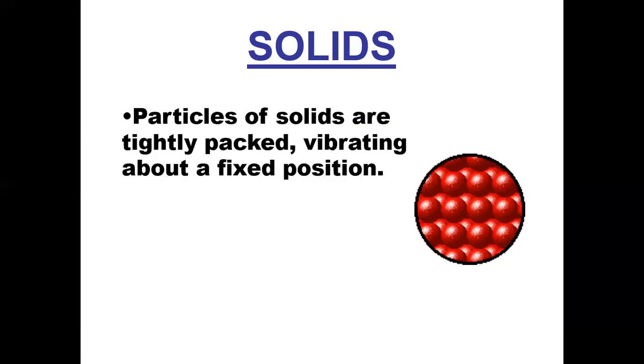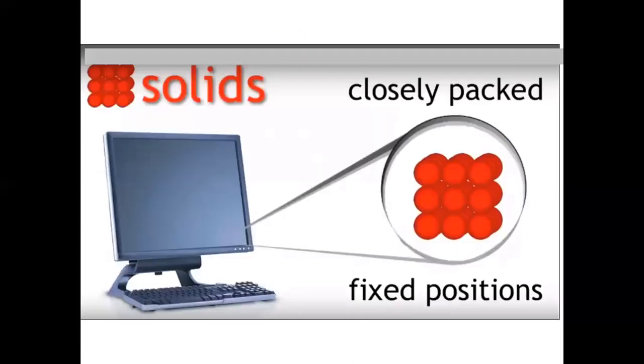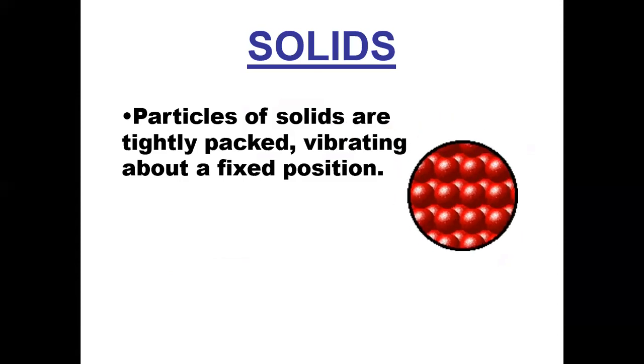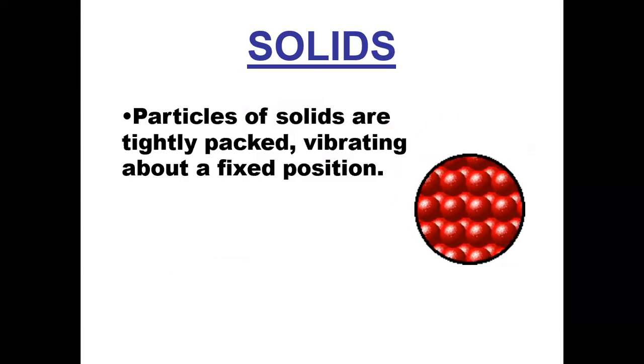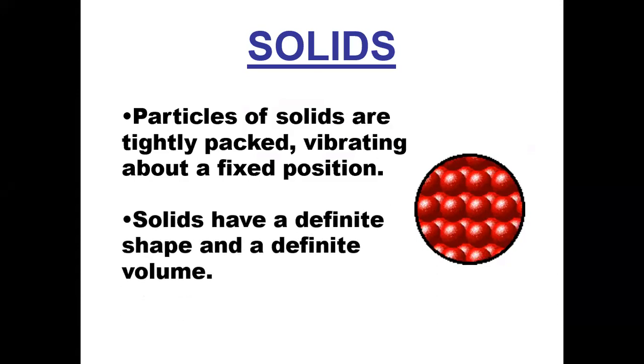So particles of solids have no distances between them. They're closely packed together in a fixed shape. Also, they vibrate in their spots. They have definite shape and definite volume.